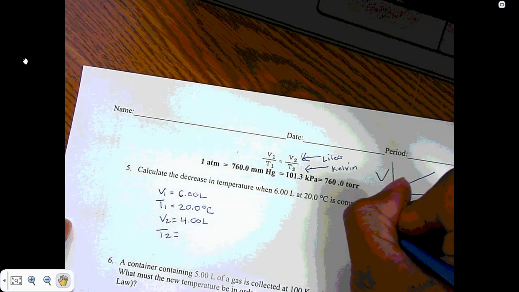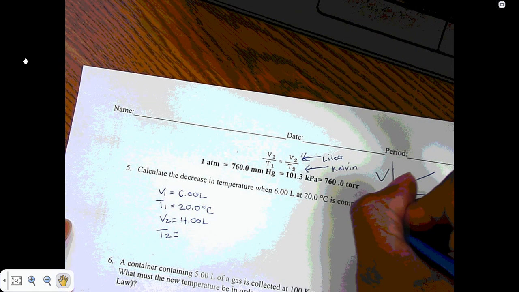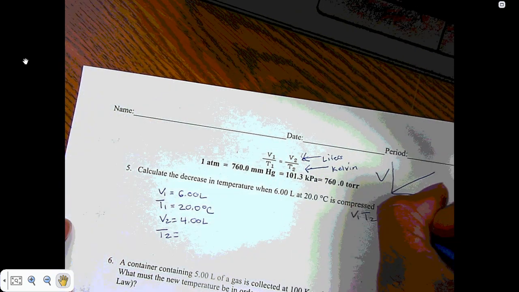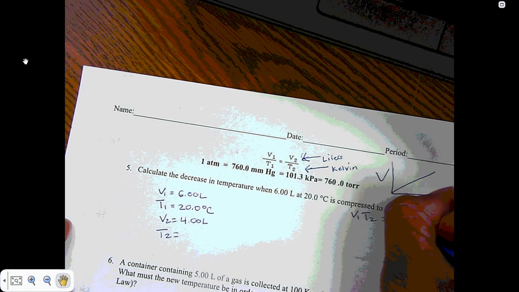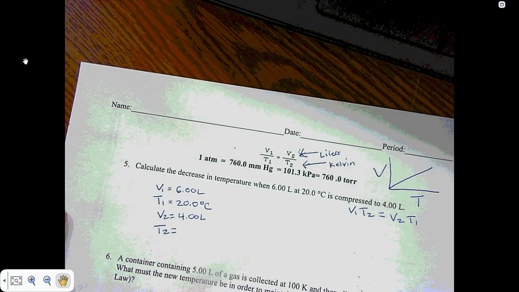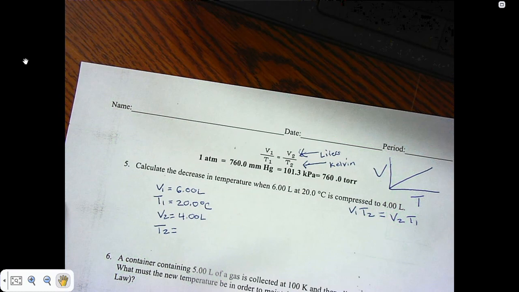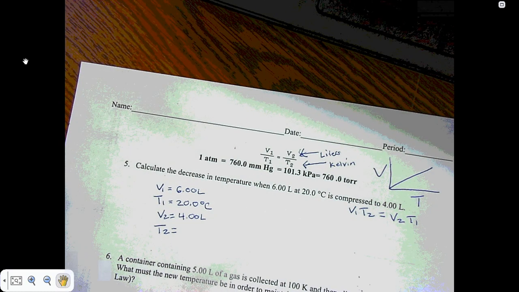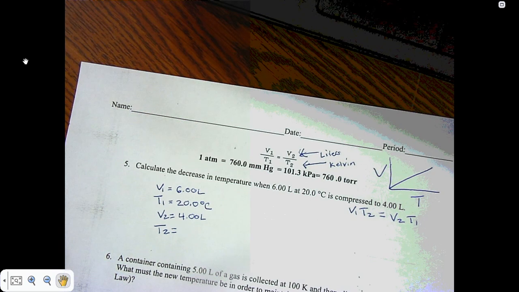So rearrangement would lead to this equation. V1 T2 is equal to the product of V2 T1. And then you can cross multiply or divide or whatever you see fit going from there.